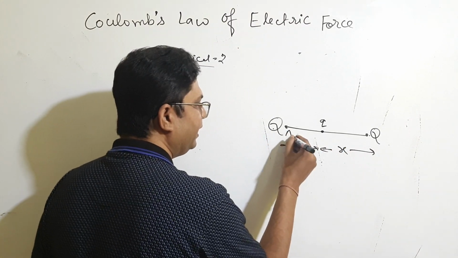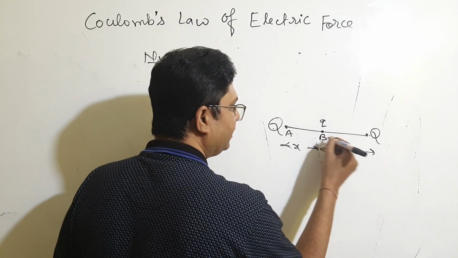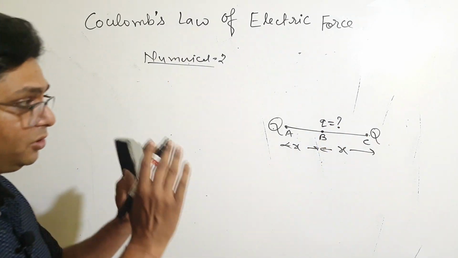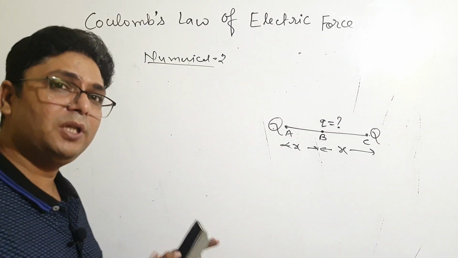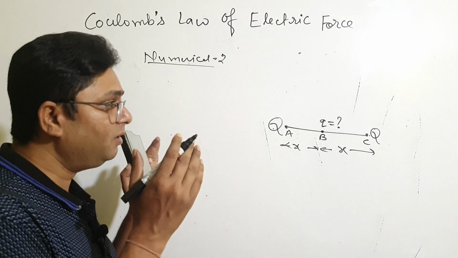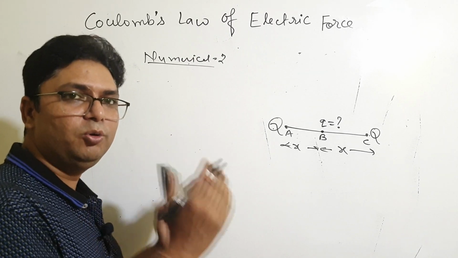This is point A, this is B, and this is C. You have to find the charge q value when these three charges are in equilibrium. Then the question is, if these three charges are in equilibrium, then what is the value of small q charge?